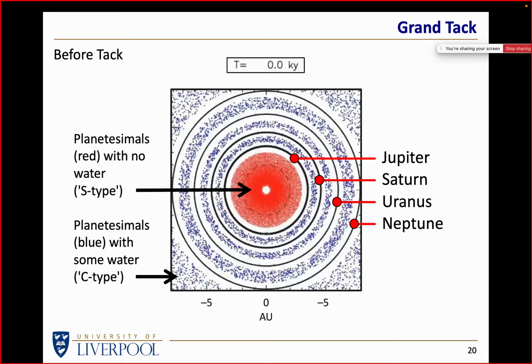Whereas all of the blue stuff, these are little chunks of rock, planetesimals outside the orbit of Jupiter, beyond the frost line, and so these have a whole load of ices, water as well as methane and ammonia. So the color coding is just to help us see what happens to the rocks inside and what happens to the rocks outside when Jupiter and Saturn change the size of their orbits due to this migration.